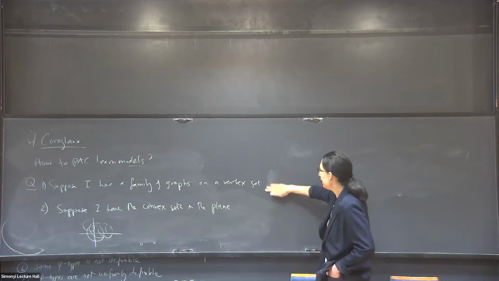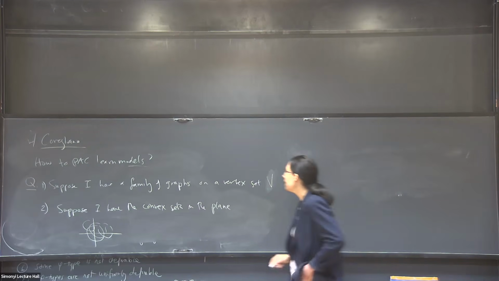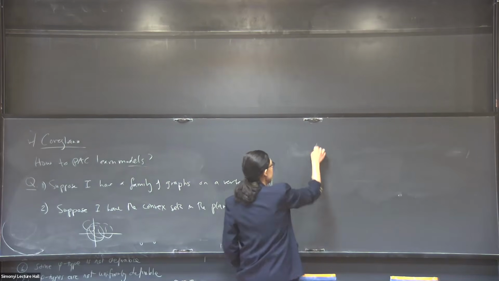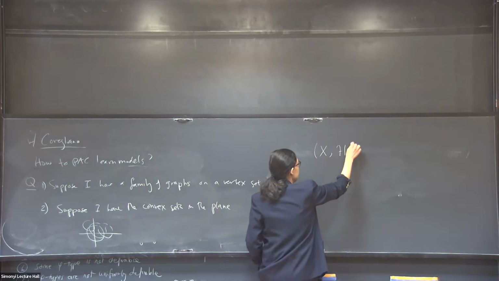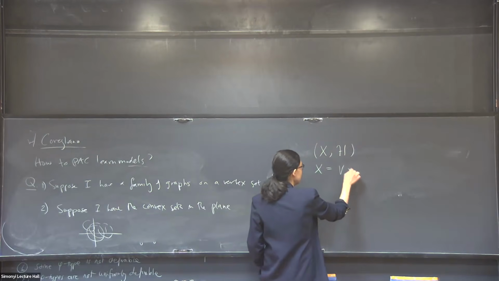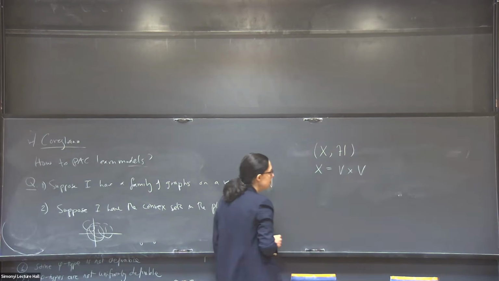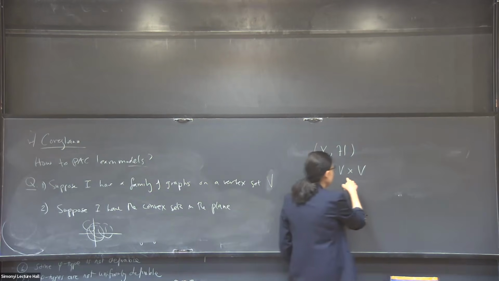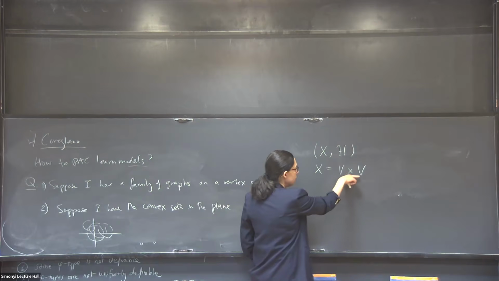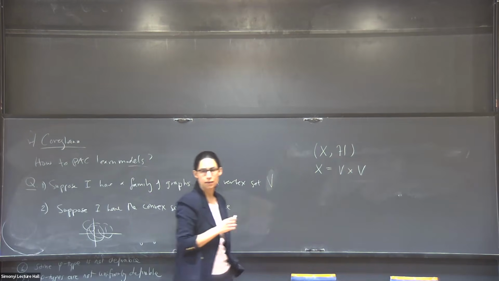So why can't we just present these? Maybe I'll call this vertex set V. Maybe that's better notation. So I have a family of graphs on a vertex set V. I want to make it look like my X of PAC. So that's easy to do. I just let X be V cross V. And I want to encode the edges of my graph. So for each element in V cross V, I put a 1 if it's an edge and a 0 if it's not an edge.